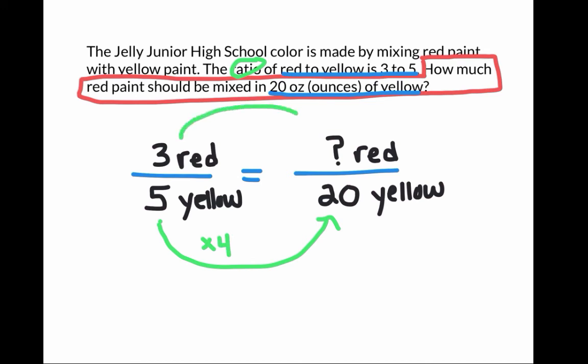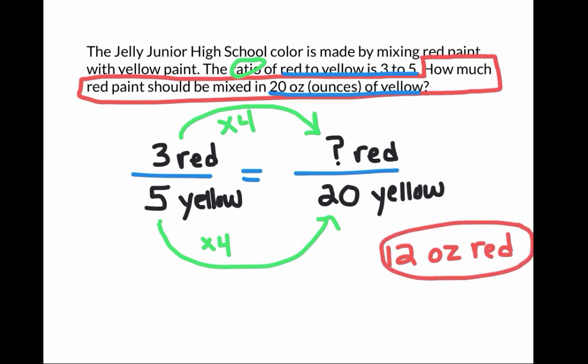Whatever I'm doing to the bottom, I need to do to the top. 3 times 4 is 12. So my answer here would be 12. And we can even write 12, how much red paint? 12 ounces of red. And that's what you will write in your solution box.